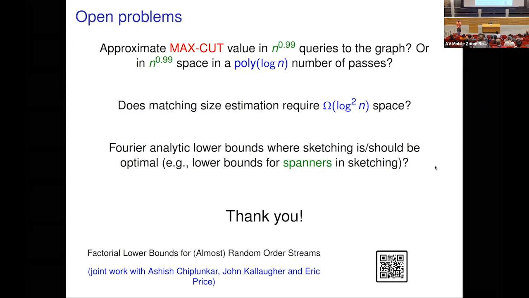Any other questions here? Hey, Michael. Hi, this is Santoshni. I have a question regarding your first open problem. So just to see if I understand it right: if you consider the hard distributions, like random bipartite graph versus random graph, if you are given polylog n passes, definitely this should be distinguishable.